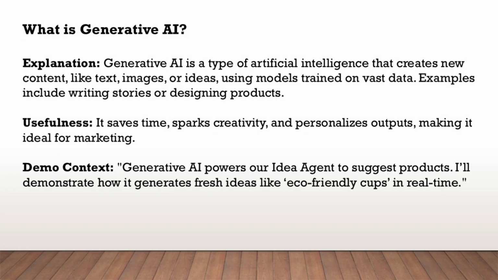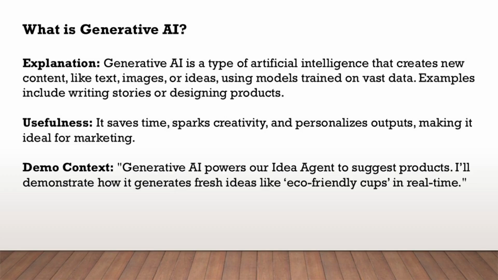Now let's understand what this demo really drives on. What is generative AI? Generative AI is a type of artificial intelligence that creates new content like text, images, or ideas using models trained on vast data. Examples include writing stories or designing products.